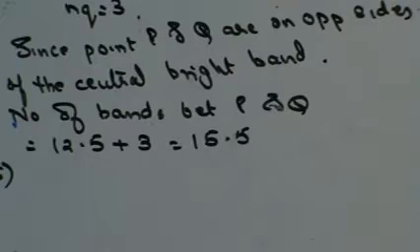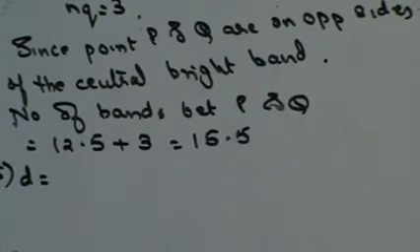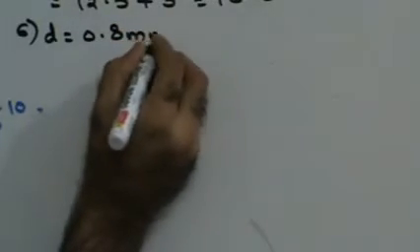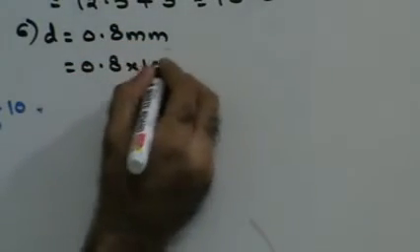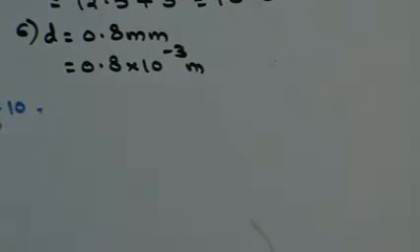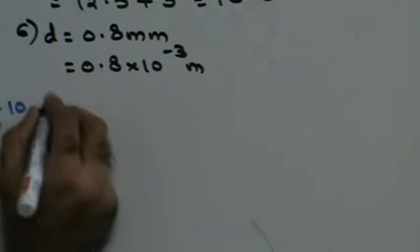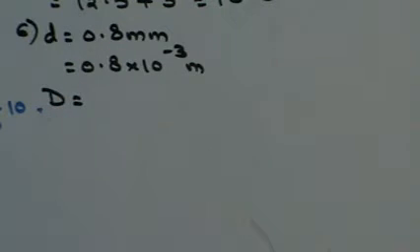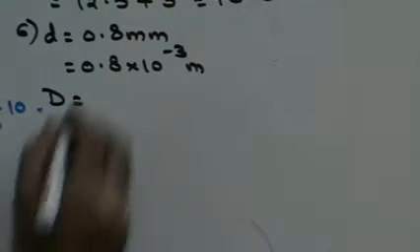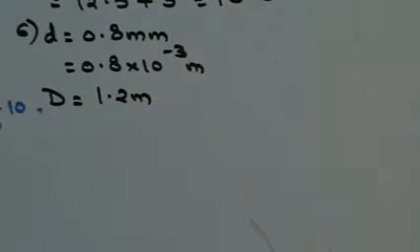In Young's experiment, the distance between two slits is 0.8 millimeters, and the distance of the screen from the slit is 1.2 meters.